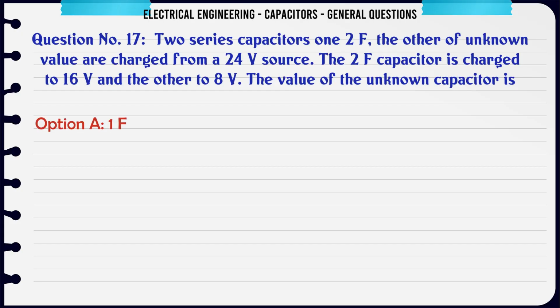Two series capacitors, one 2 µF, the other of unknown value, are charged from a 24 V source. The 2 µF capacitor is charged to 16 V and the other to 8 V. The value of the unknown capacitor is A 1 µF, B 2 µF, C 4 µF, D 8 µF. The correct answer is 4 µF.